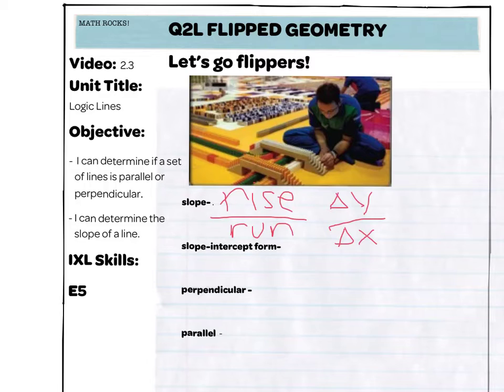And the formula is y2 minus y1 over x2 minus x1. I'll draw a little graph here so you can see a positive slope of a line, with x values and y values.